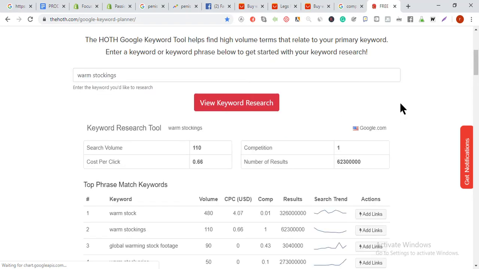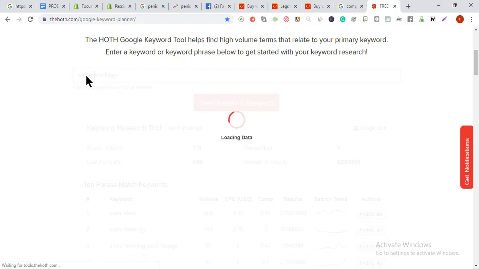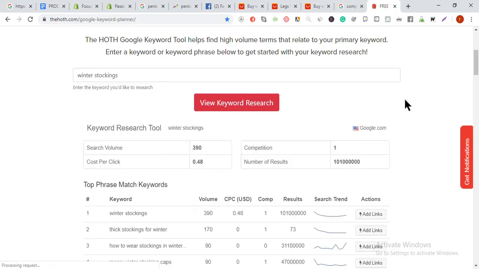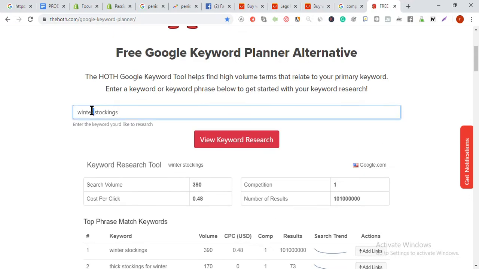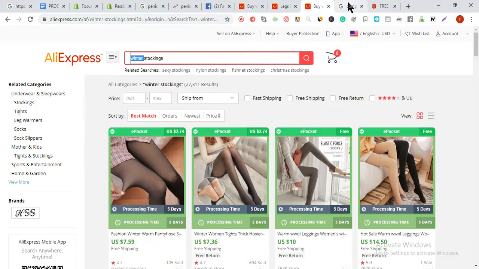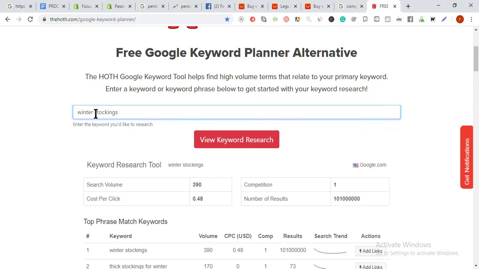Let's check. It's only 480. No, that's too low. Winter, it was also low, I think. Winter stockings. Yeah, it's also low. Or thick stockings, maybe, or tights, winter tights.